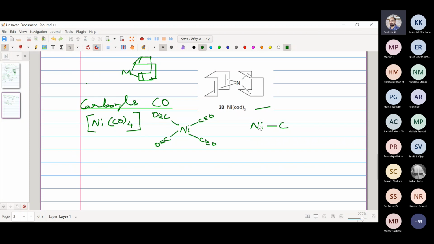Even though it may feel like that because you simply draw it like this, it actually is a pi bonding ligand, and particularly something called pi accepting.